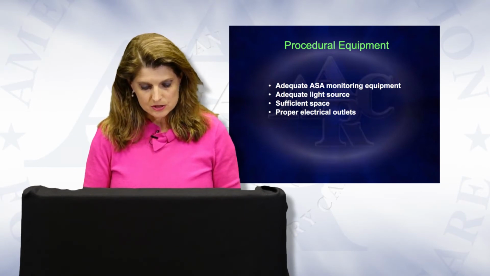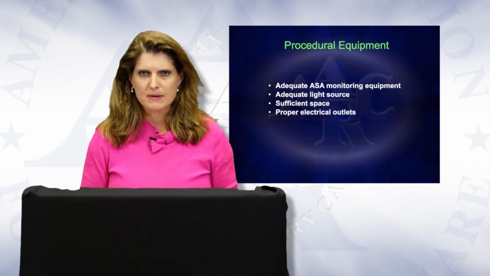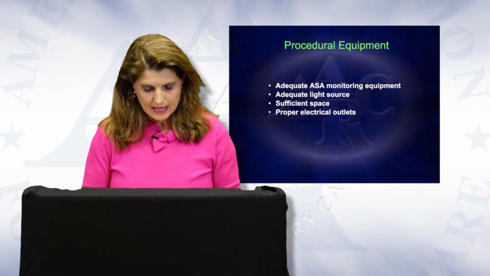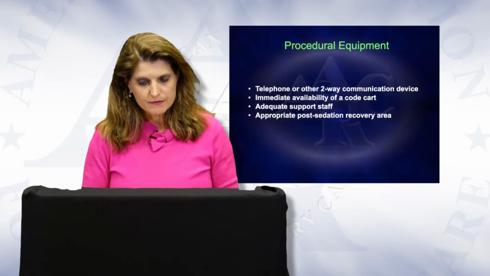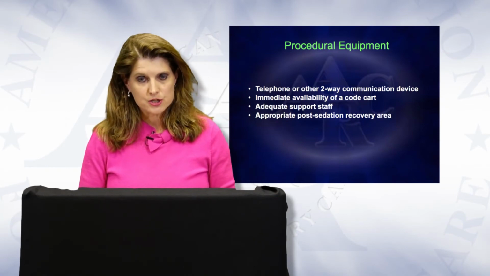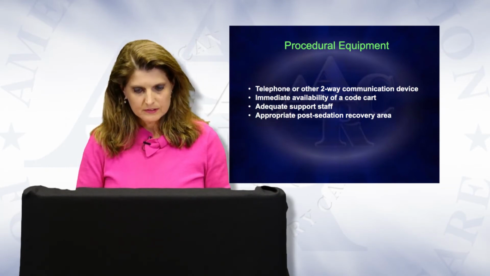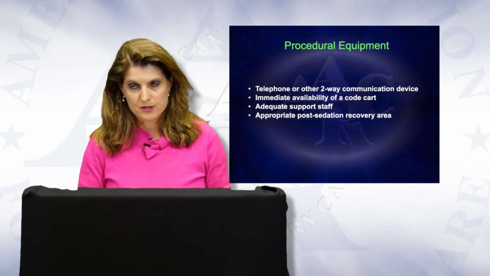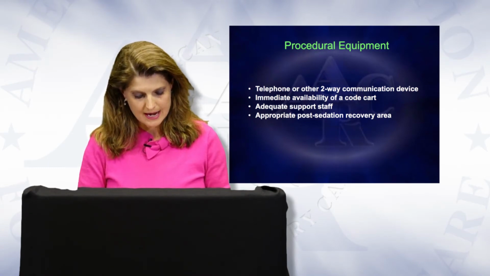An adequate light source. Sufficient space. Many procedure rooms are quite small in nature. Proper electrical outlets. A telephone or other reliable two-way communication device just in case you need to call for help. And the immediate availability of an emergency code cart with resuscitation medications and a defibrillator attached.